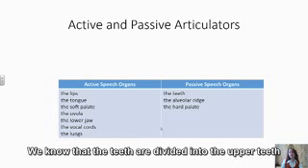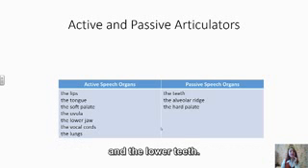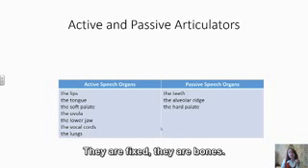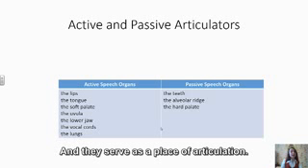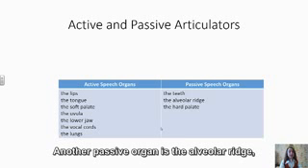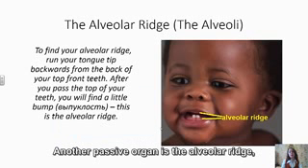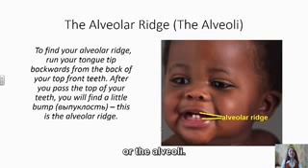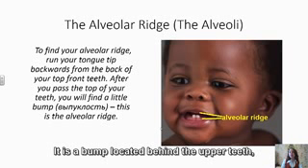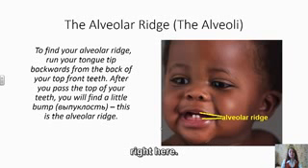I would like to start with the passive speech organs. We know that the teeth are divided into the upper teeth and the lower teeth. They are fixed, they are bones, and they serve as a place of articulation. Another passive organ is the alveolar ridge, or the alveoli. It is a bump located behind the upper teeth, right here.